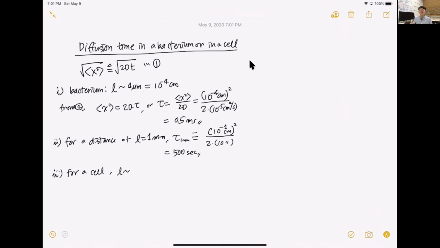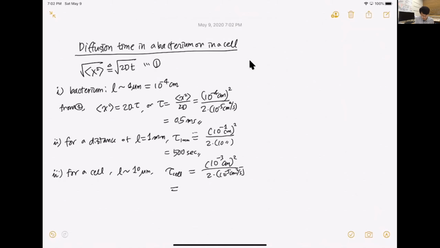Then let's move on to a cell. Cell size, typically we can consider as about a 10 micron scale. So let's put 10 microns. So τ for a cell, now it's 10 microns, 10 to the minus 3 centimeter squared over 2 times 10 to the minus 5 centimeter squared per second. And guess what will happen for this?